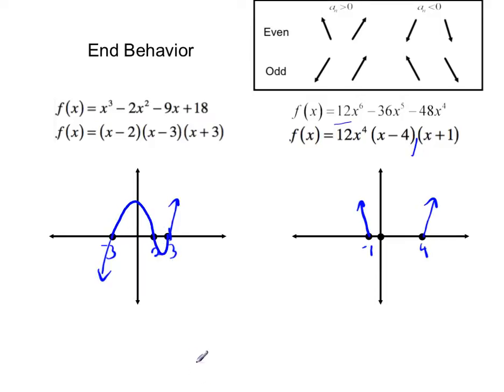So it's going to do something like that. This one I'm going to bounce at the 0, 0. So it'll do something like that. Of course, we don't know how far my graph reaches up and how far it reaches down. For that purpose, we're just going to have to plug in some values. When you get to calculus, you'll find the exact location where my graph switches from positive over to negative.